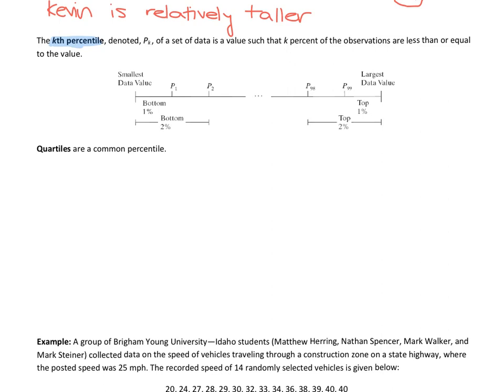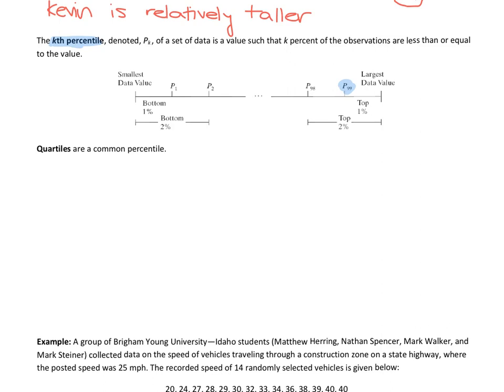Okay, so the technical definition: the kth percentile, we use P sub k, of a set of data is a value such that k% of the observations are less than or equal to the value. All right, so we have some examples here. We have P sub 99. We would call that the 99th percentile.